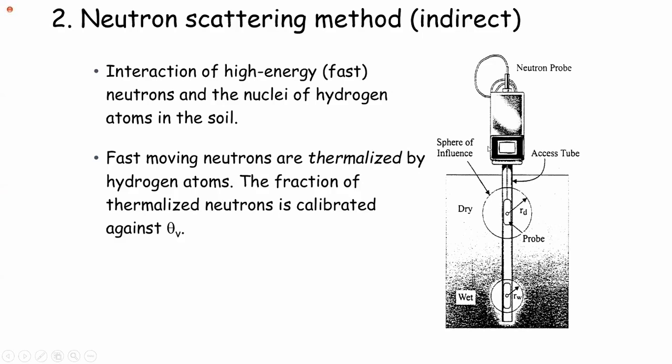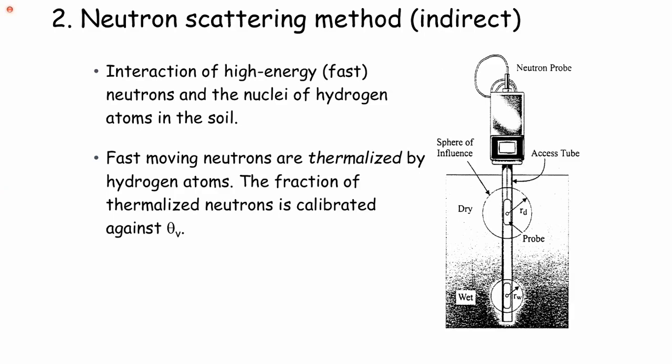The slowed down neutrons will be identified by the neutron probe and counted. How many neutrons are slowed down will be counted by this neutron probe. So the principle is the proportion of the slowed down neutrons is directly proportional to the amount of water in the soil.